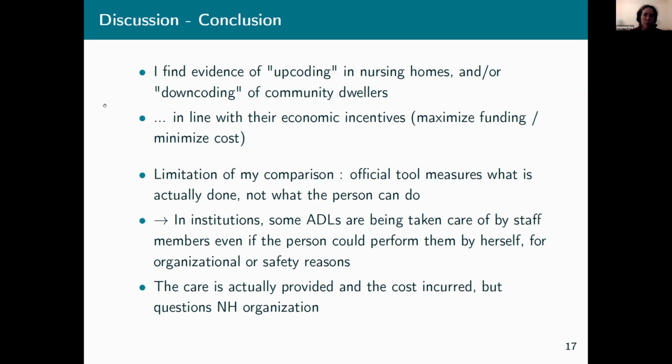One big limitation of my comparison, which I need to point out, is that the official measurement tool measures what is actually done, whereas my survey measures what the person can do with or without difficulty. And so it's not the same, especially in nursing homes, where there are people who could do things, but they don't do them anymore because of organizational factors, because of the way the nursing home is organized.